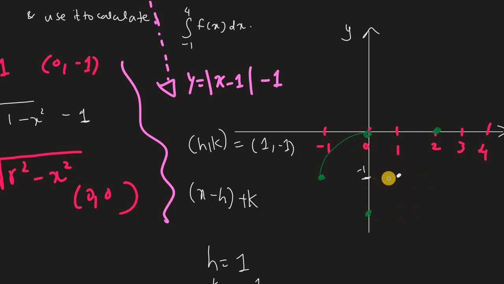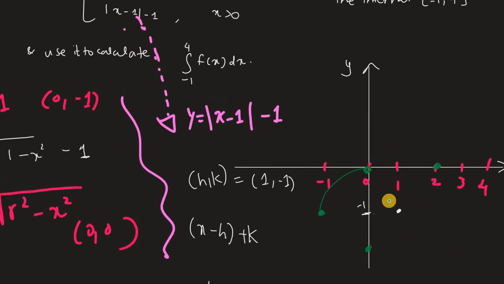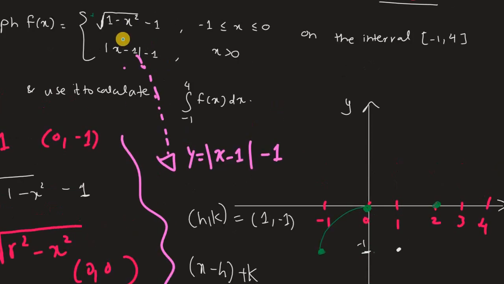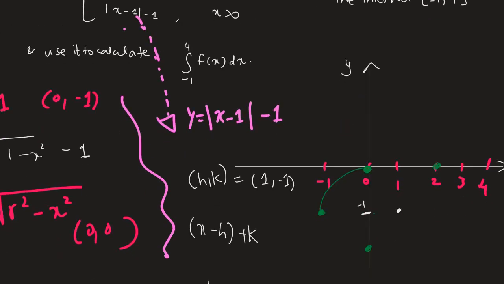You have x equals 0, but you're not going to include it. It is included in this semicircle, but not in the absolute value function, since here it says greater than 0, not equal to 0. So it's not included in the absolute value function. All right, let's draw this then. We are simply going to draw this like so. Where do we stop this?